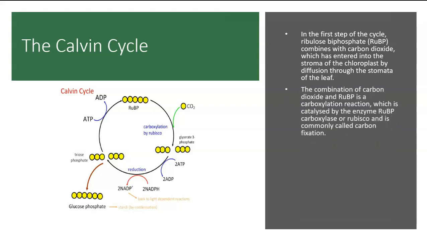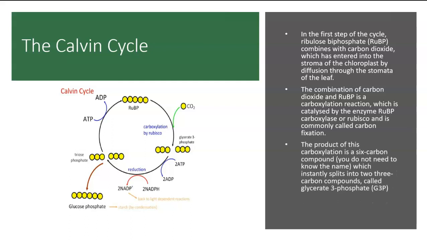The combination of carbon dioxide and RuBP is a carboxylation reaction, which is catalyzed by the enzyme RuBP carboxylase, or we call it Rubisco, and is commonly called carbon fixation. The product of this carboxylation is a 6-carbon compound, you do not need to know the name, which instantly splits into 3-carbon compounds called glycerate 3-phosphate, G3P.